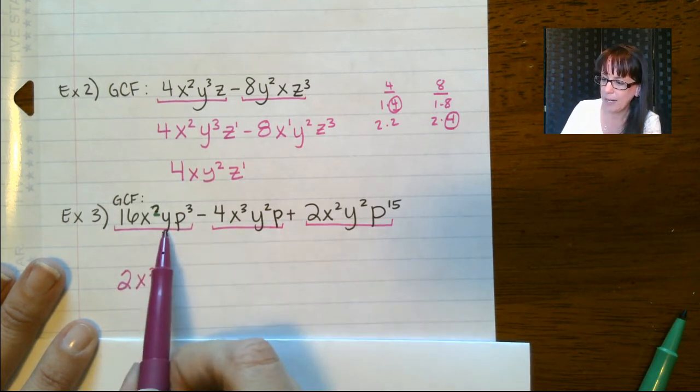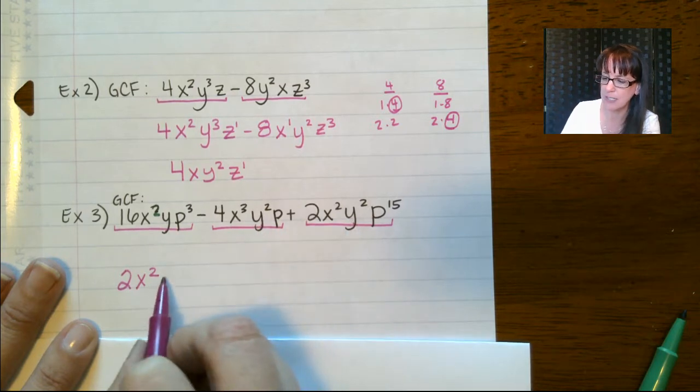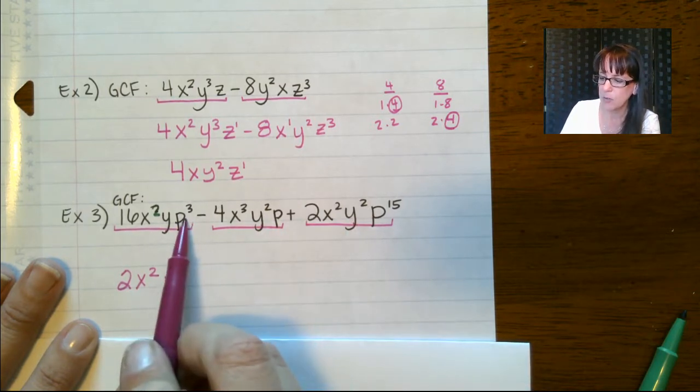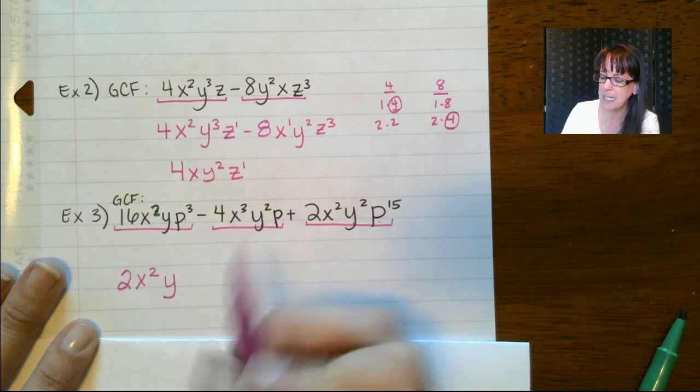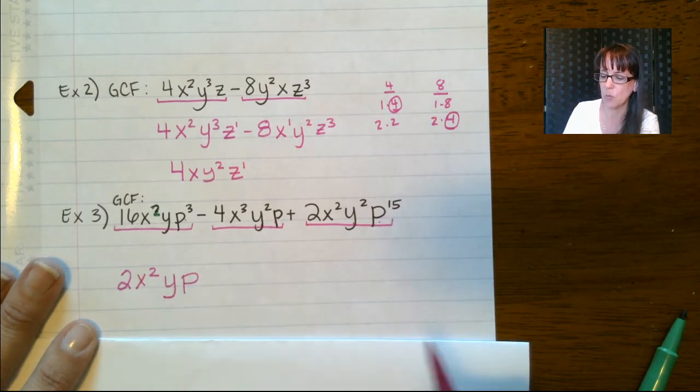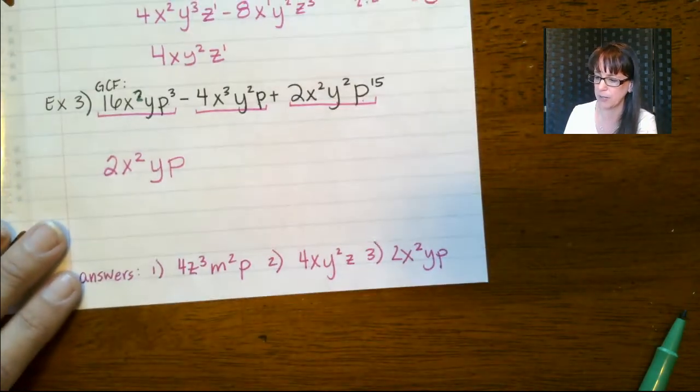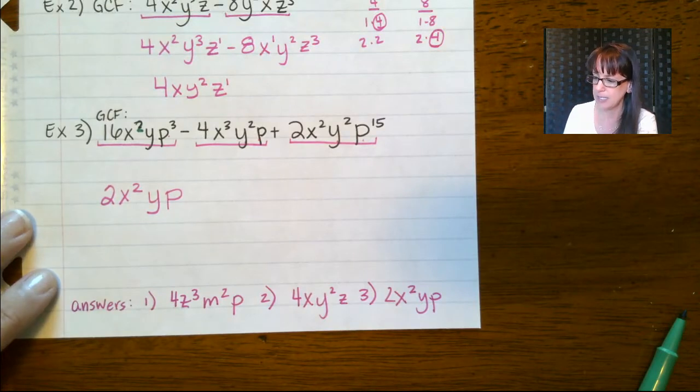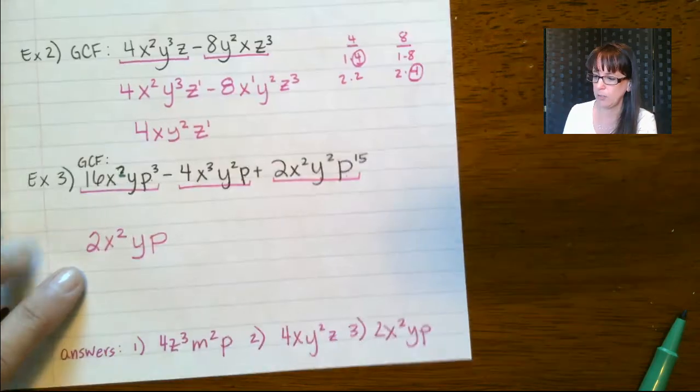I have 1 y here, 2 y's here, so the least I can take out is 1. 3 p's, 1 p, 15 p's, so the least I can take out is 1. So let's compare our answers, make sure everything matches up, and that I didn't make a mistake. I'm actually re-recording this because I made a mistake the first time. So everything looks good there.